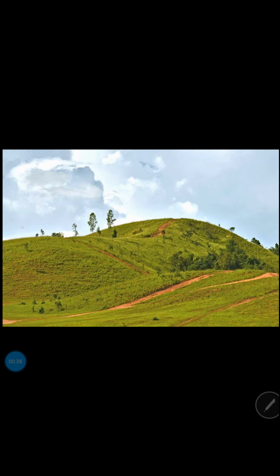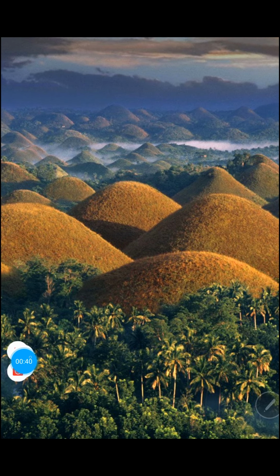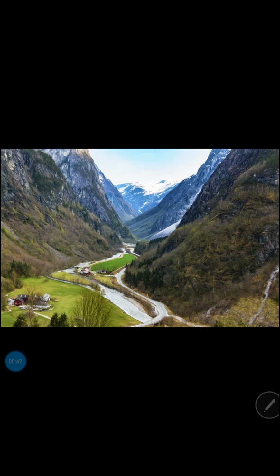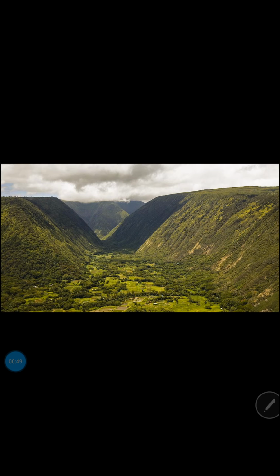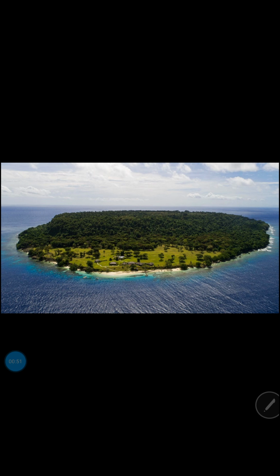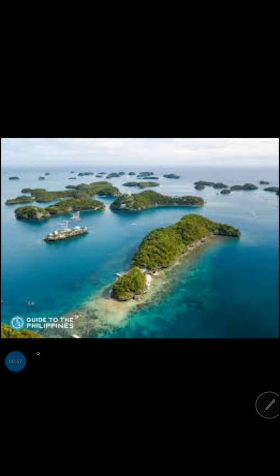Hills, they are high, but they are not as high as mountains. Valleys are low lands between two mountains or hills. Islands, they are lands surrounded by water.